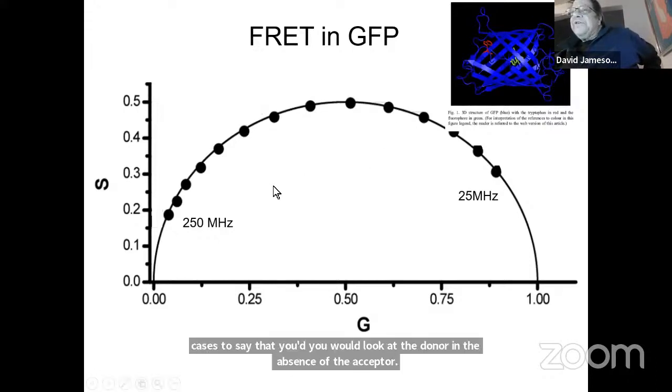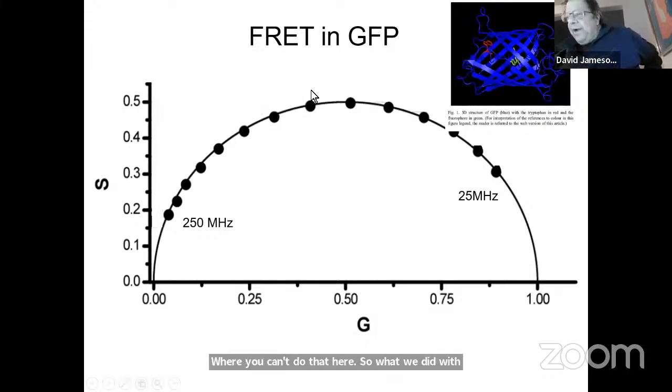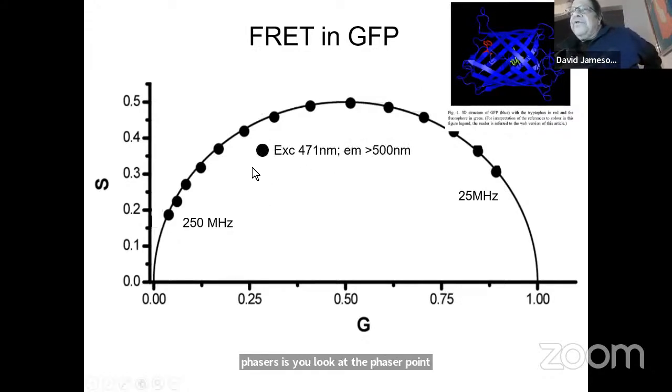So what we did with phasors is you look at the phasor point for the chromophore, and you're exciting first at 471. You're directly exciting the fluorescent chromophore, and you're looking at emission greater than 500 nanometers. And we see all the points around the universal circle, regardless of the light modulation frequency. Now excite that same chromophore at 280.